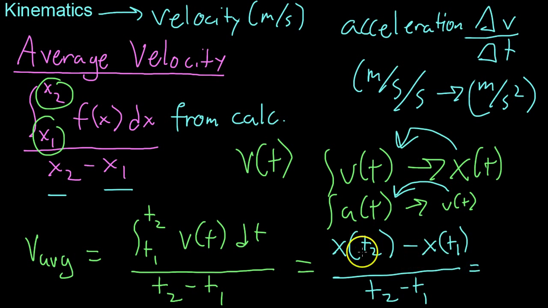And because it's a change from its initial position to its final position, we can write this as a change in x, and this time as a change in time. So the average velocity will be total change in x.